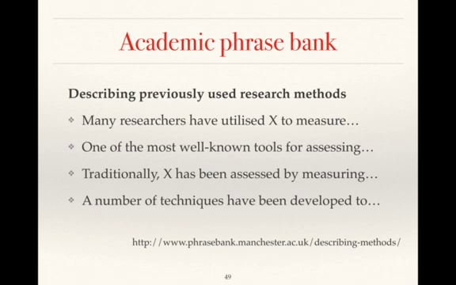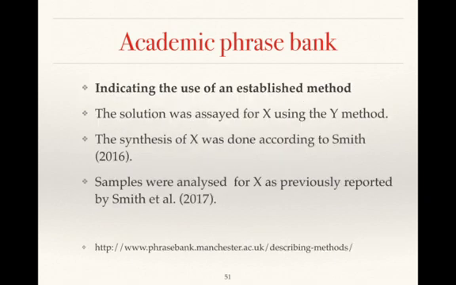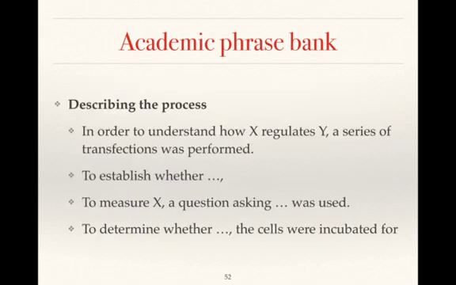Now, before I close, because we're coming to the end of our video session, I want to let you know that a very useful resource when it comes to writing can be found in the Academic Phrase Bank from manchester.ac.uk, in the section that says Describing Methods, where you can find a series of sentences that other scholars have compiled for you regarding describing previously used research methods, giving reasons why a method was adopted or rejected, indicating the use of an established method, or describing a process.